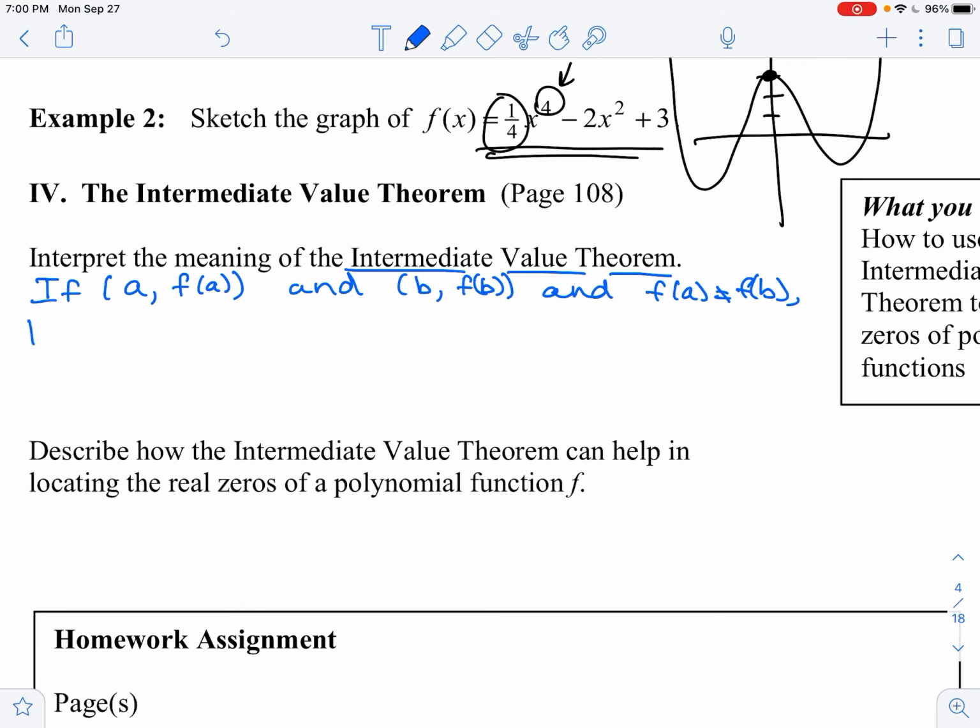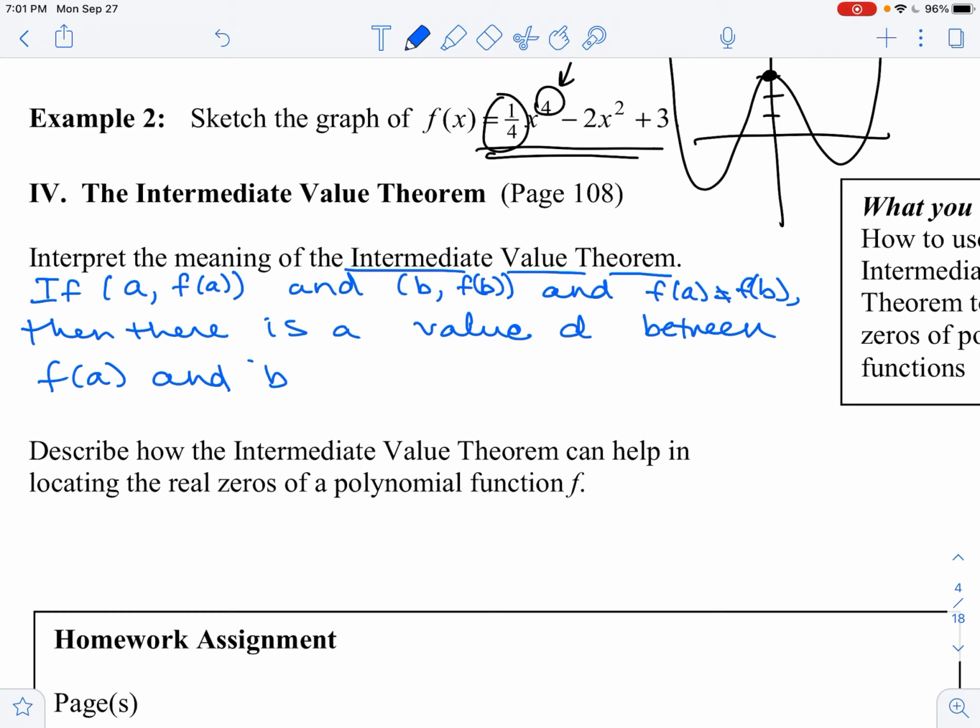Then there is a value, we'll call it d, that we're looking for, but it's between f of a and f of b, where some other value c is x. So if I plug c into x, I'm going to get that value of d for y.